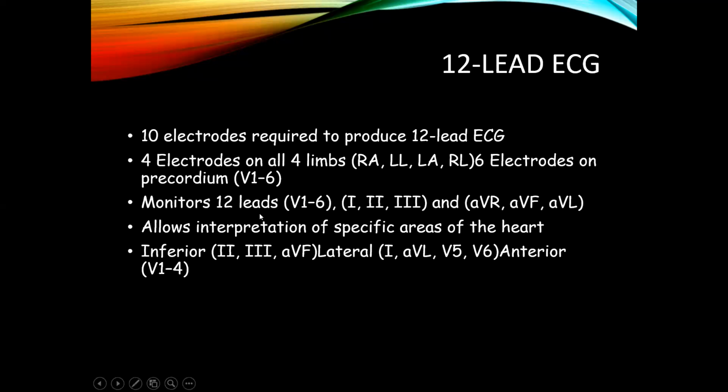So you need to monitor the 12 leads, which are V1 to V6, lead 1, lead 2, lead 3, and augmented right limb, foot, and left limb, okay? This allows interpretation of specific areas of the heart. Inferior leads are lead 2, lead 3, and aVF. Lateral leads are lead 1, aVL, V5, and V6, and anterior leads are V1 to V4.